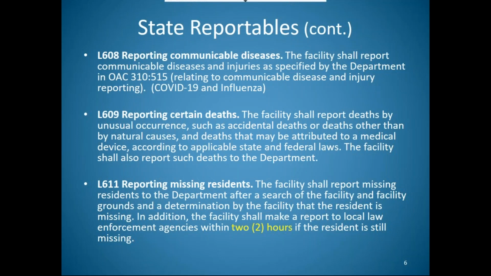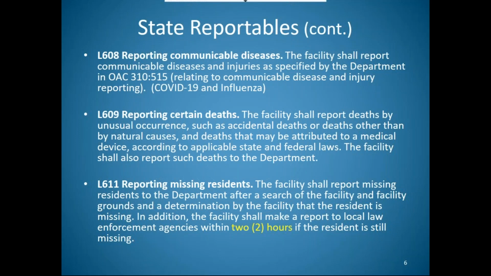609 is reporting certain deaths. And basically it just says if they didn't die of natural causes, if it was an accident, or if it could be attributed to a medical device, then these deaths need to be reported to the department. 611 talks about reporting missing residents.